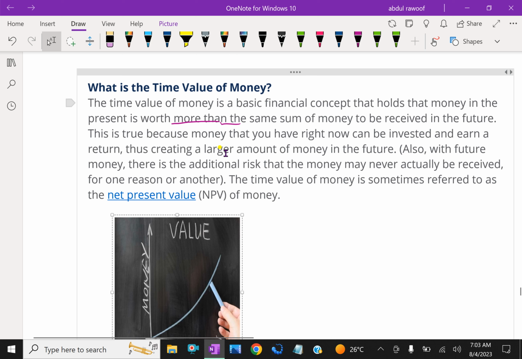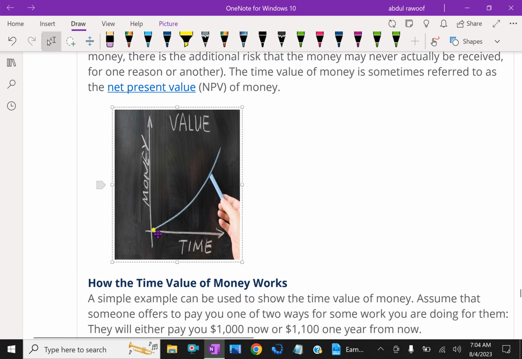This is true because money that you have right now can be invested and earn a return, thus creating a larger amount of money in the future. Also, with future money there is the additional risk that the money may never actually be received for one reason or another. The time value of money is sometimes referred to as net present value, NPV. Here, time is on the x-axis, money is on the y-axis, and the value will go like this.